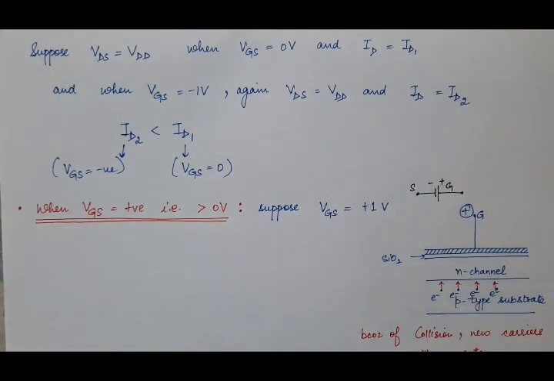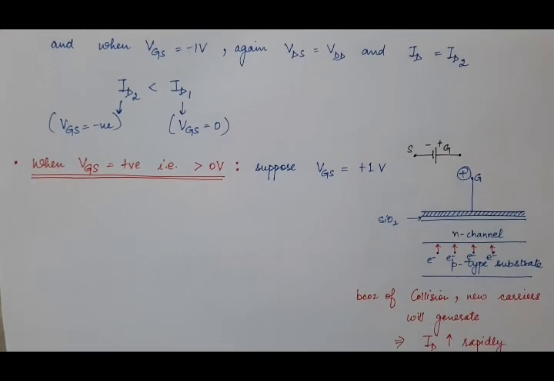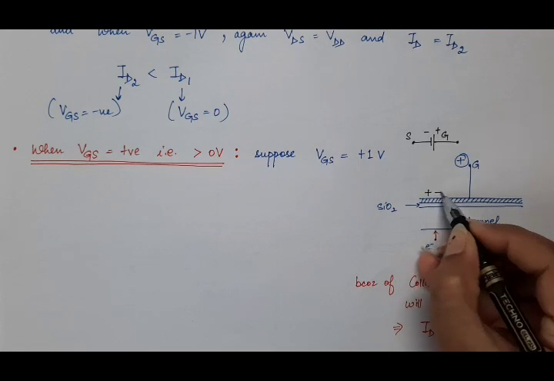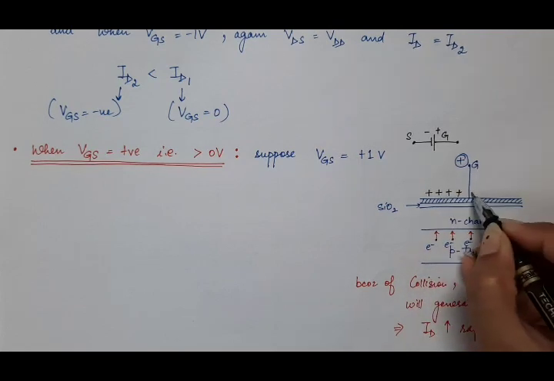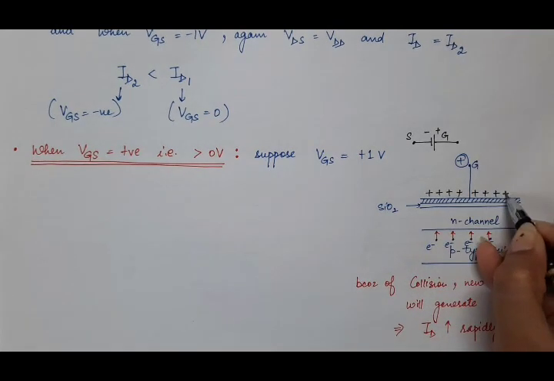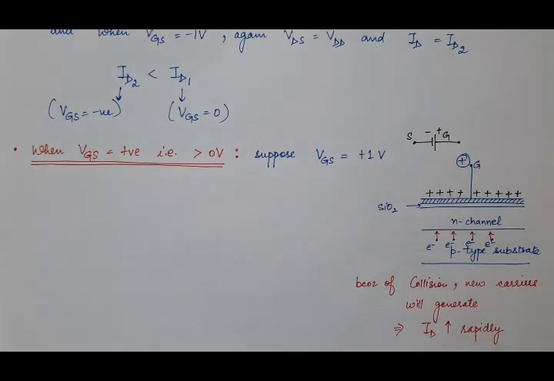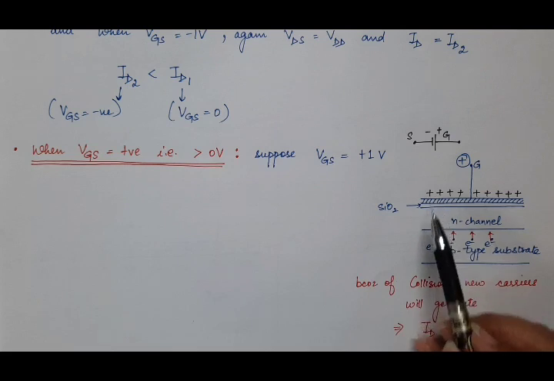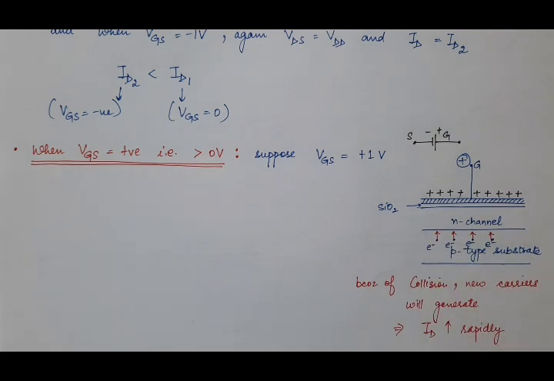So now if this gate terminal is made more positive, then positive charge will accumulate on this metallic plate of the gate, and this positive charge will attract minority carriers, electrons, from this p-type substrate.